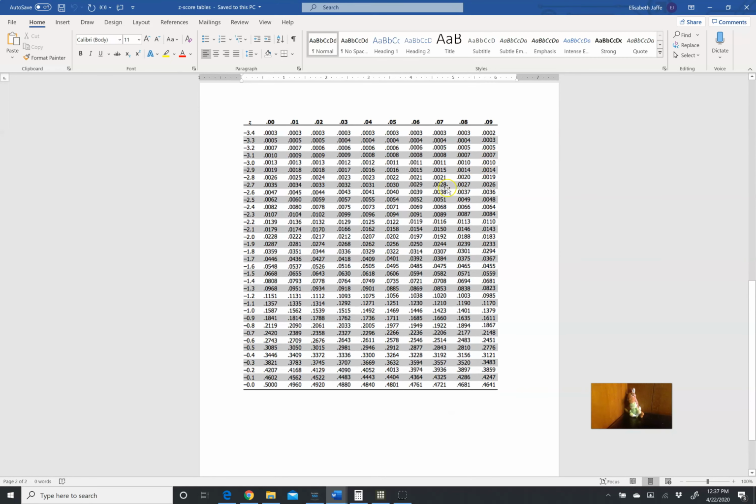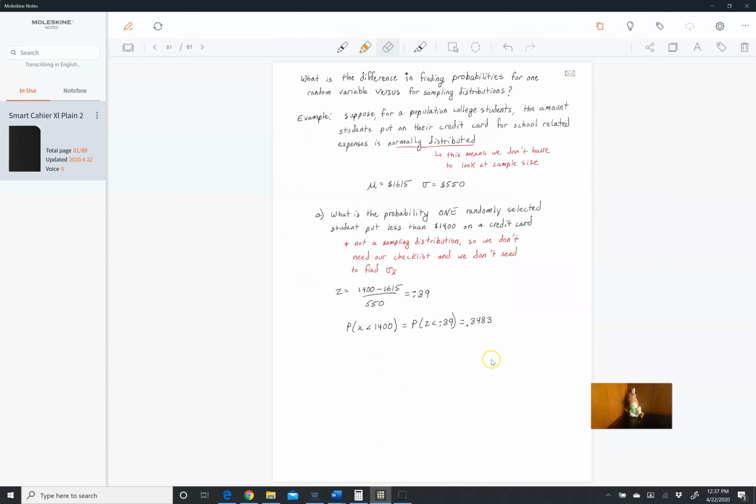We're below the mean. Negative 0.39 is right here. It's 0.3483. Okay, 0.3483. So I had written 0.39, it's negative 0.39. Okay, and that's our answer. That's it.